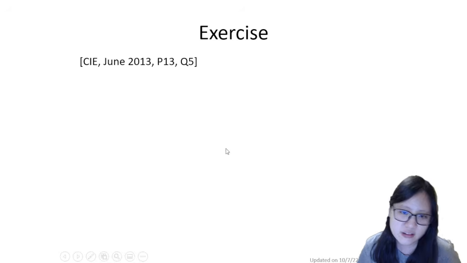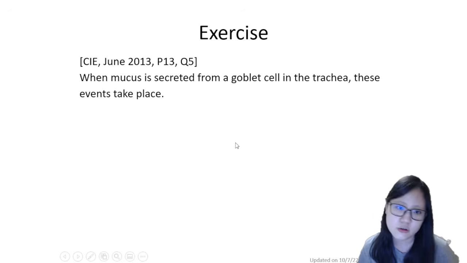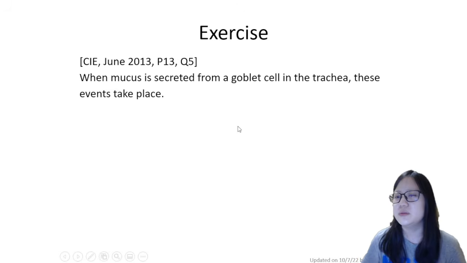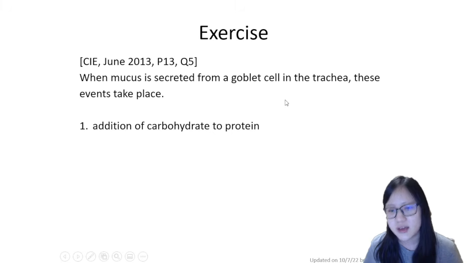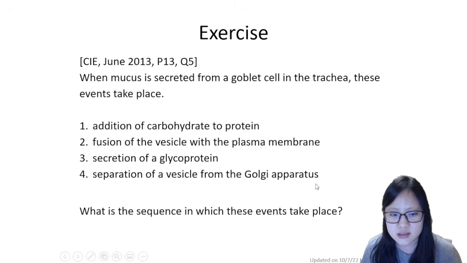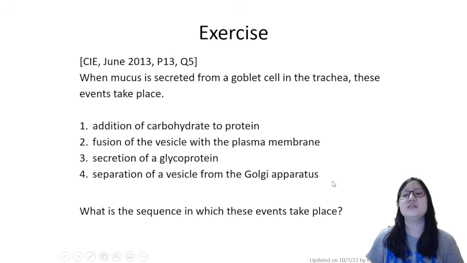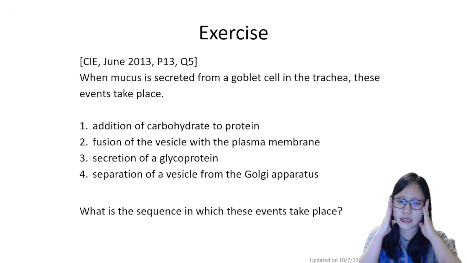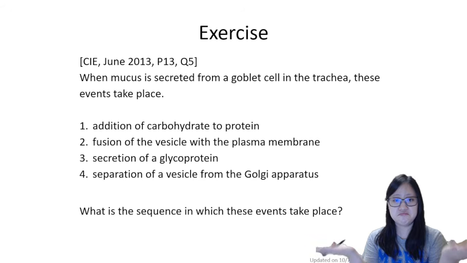Let me give you a little exercise. This is a past year question. It says, when mucus is secreted from a goblet cell in the trachea, these events take place. What is the sequence in which these events take place? Pause the video, think about it.